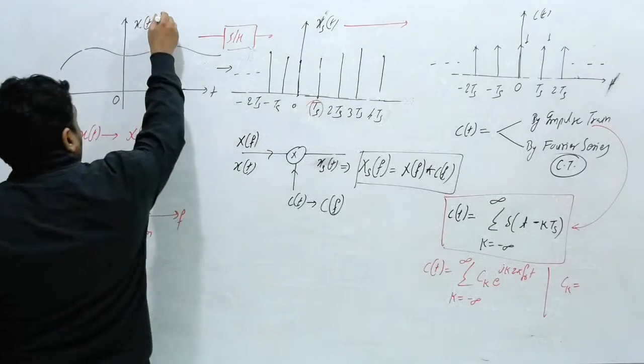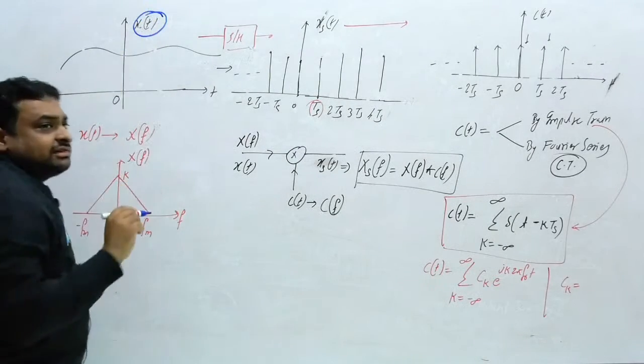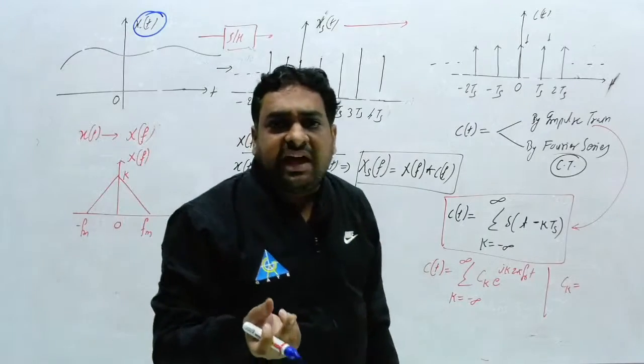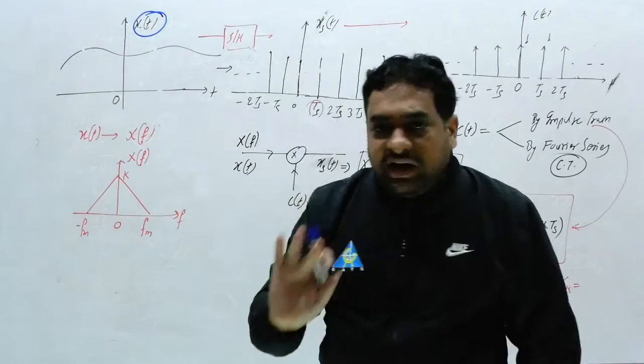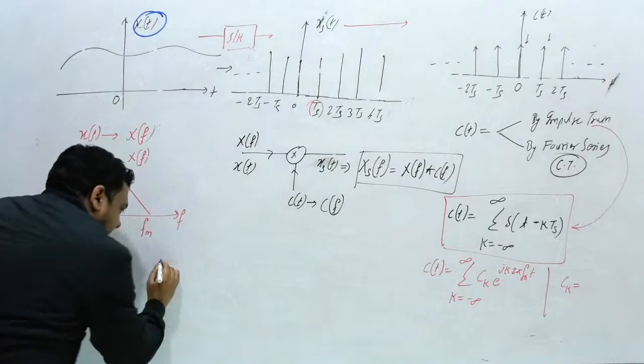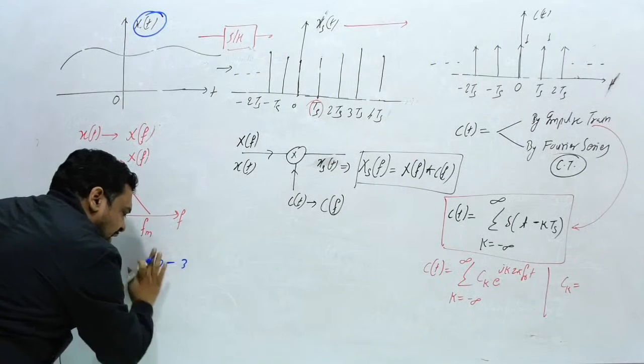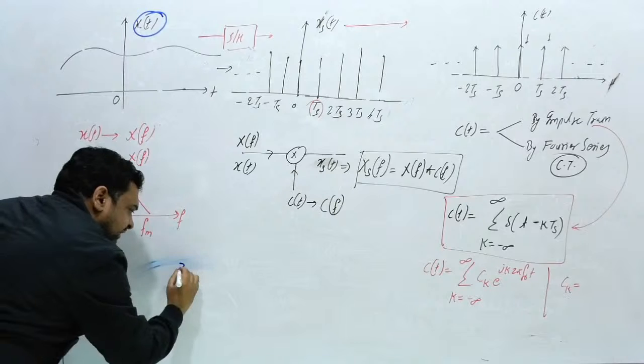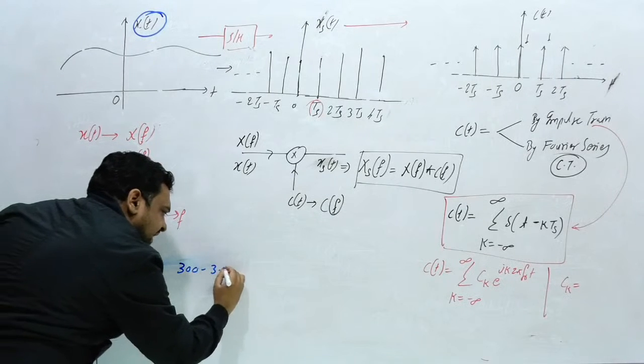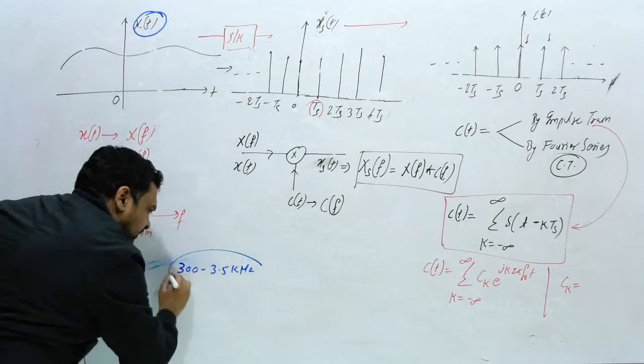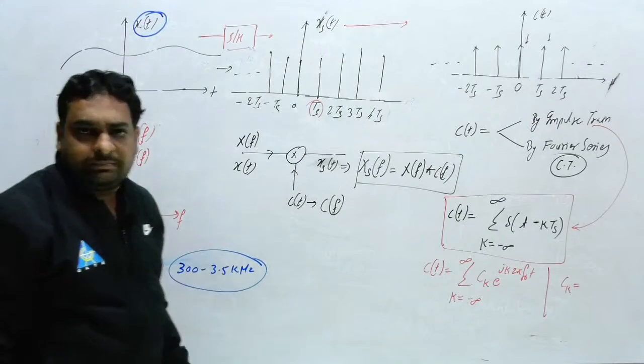Right now we don't know about this signal. Suppose I am assuming this x(t) is my voice. The voice signal range is generally 300 Hz to 3.5 kilohertz. This is the actual range of voice signal.